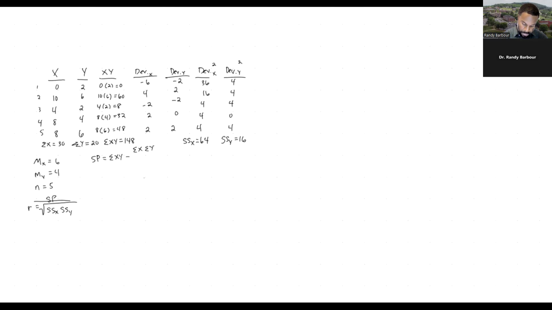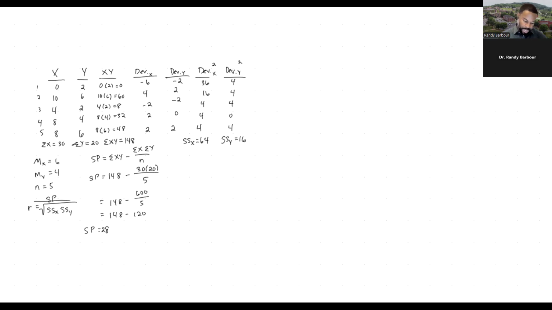So SP equals 148 minus 30 times 20 divided by 5. Everything should flow really well now. We have 600 divided by 5 is 120, so 148 minus 120. SP should equal 28.